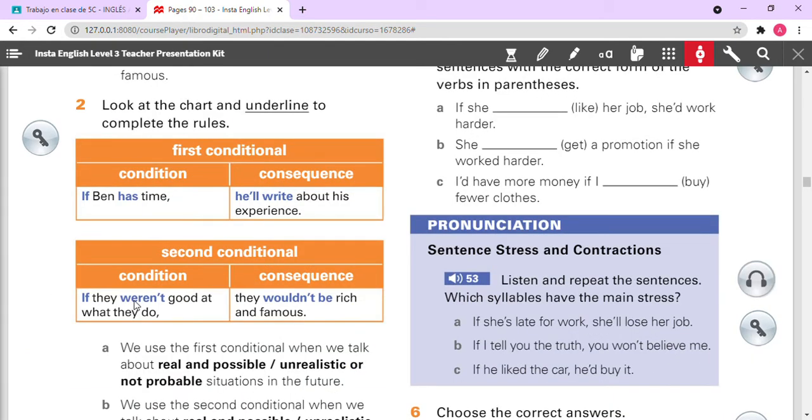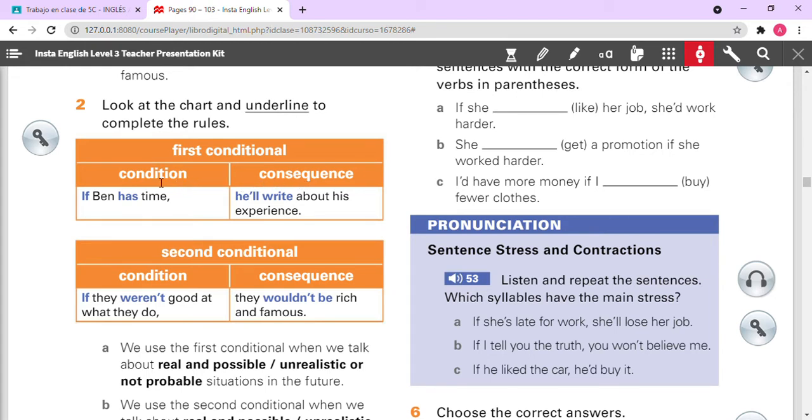Number 2. Look at the chart and underline to complete the rules. Okay, let's see. We have two charts, one for the first conditional and the second for the second conditional. The two charts are in orange. In the first conditional, we have a condition and a consequence.